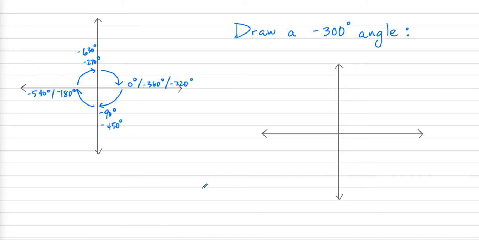So negative rotations work identical to positive, it's just you count up in the negatives. And then if you guys can, after drawing the first one together, see if you can draw a negative 300-degree angle.